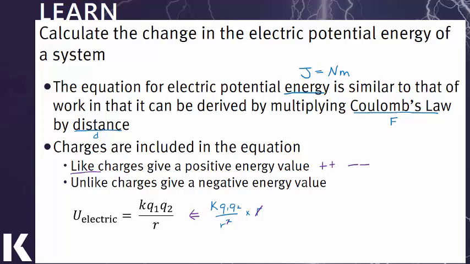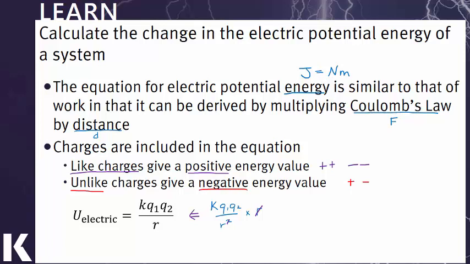So for like charges, we will always see a positive energy value. On the other hand, if I have unlike charges, for example, a positive charge and a negative charge, when I multiply a positive by a negative, I get something that is negative. So unlike charges or opposite charges will always have a negative energy value.